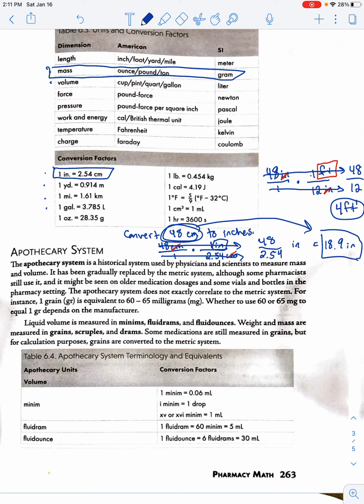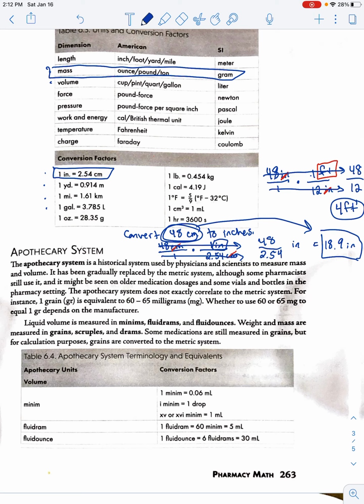Pounds and tons, yes, we can convert between pounds and tons and grams or kilograms. But typically, and I'm just thinking about the context of prescriptions, when you're measuring amounts, you're not typically measuring a ton of something, right? Think about the scale on which you measure prescriptions. It's pretty small, right? Pretty small amounts of whatever prescription drug you're thinking about. So we're thinking in terms of ounces and grams typically.